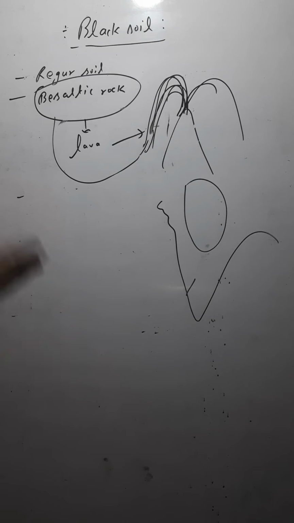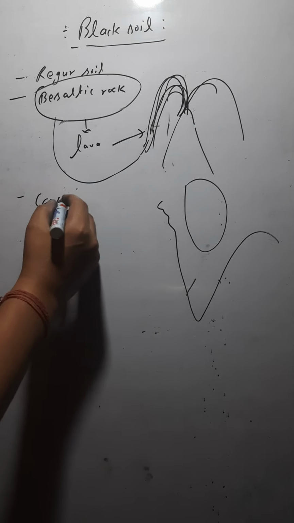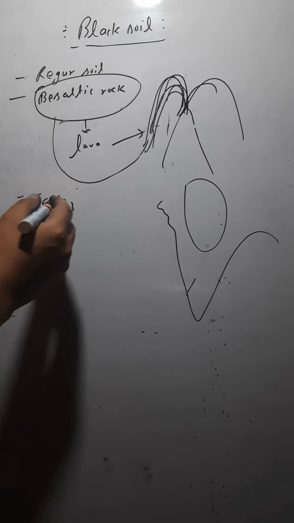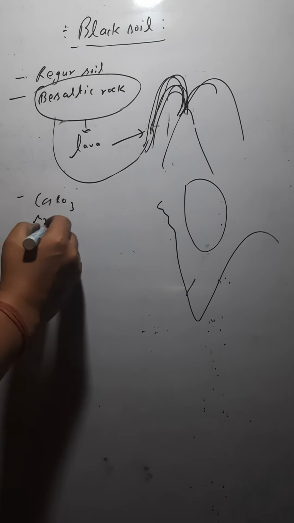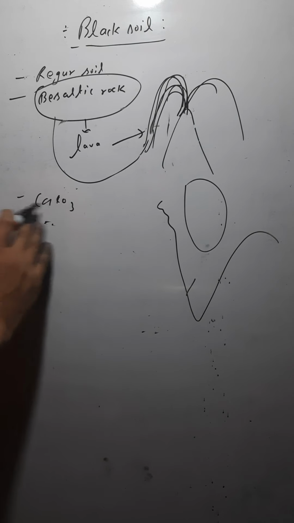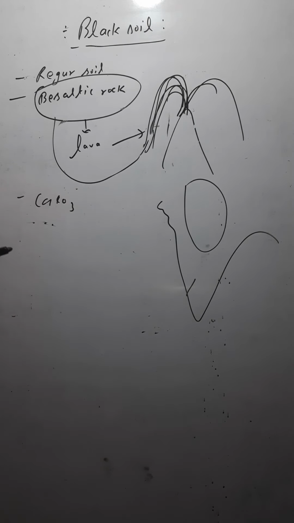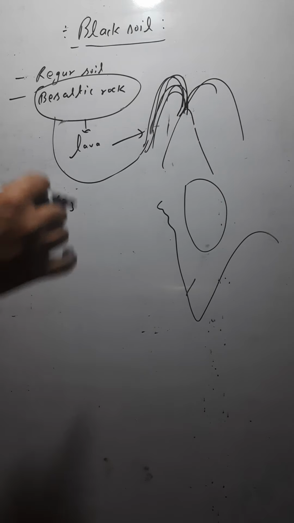If you see, it is very rich in calcium carbonate, that is also known as CaCO3. This black soil is very rich in magnesium also, and it is very rich in potash also. But the more important thing that you should know is that the phosphorus content is very poor in the black soil.